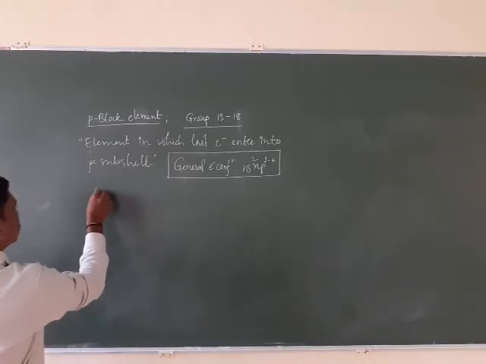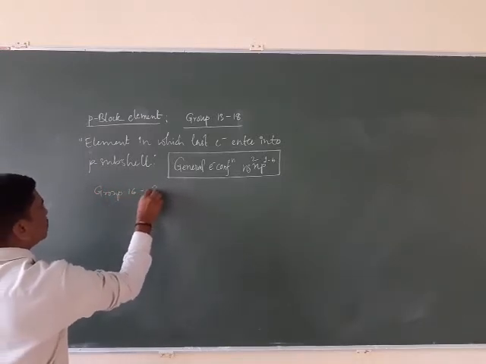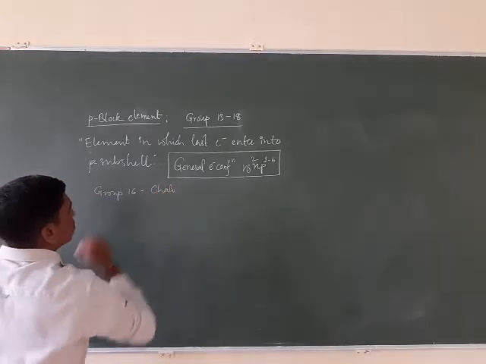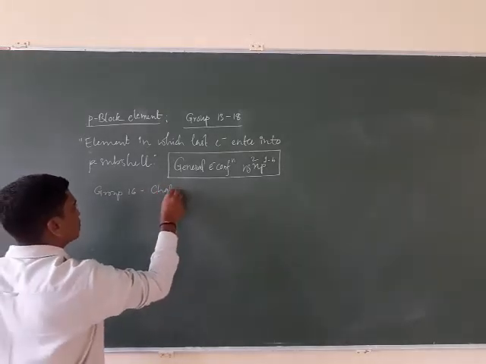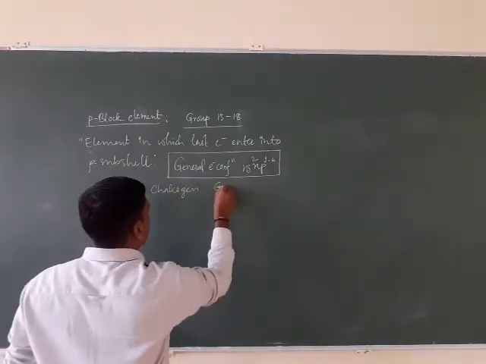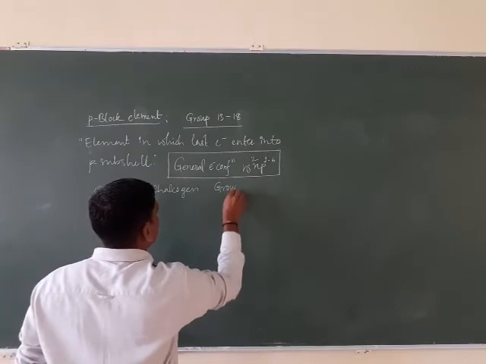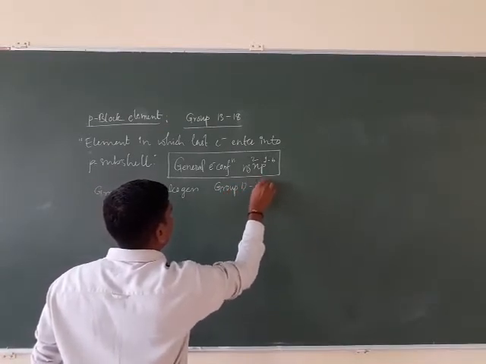Okay, so in this block, as we discussed, group 16 elements are called chalcogens. Group 17 are called halogens.